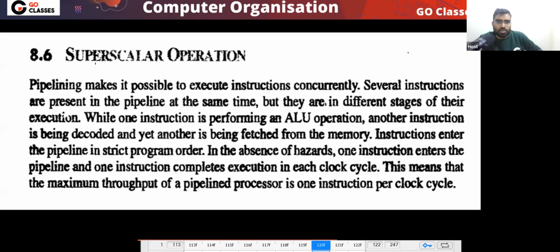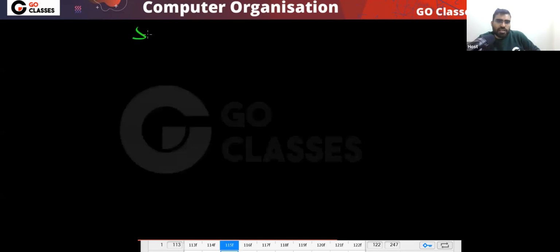It's a very simple point. Actually, there is a concept of a super-scalar system, super-scalar operation. So let's see what this super-scalar system is.